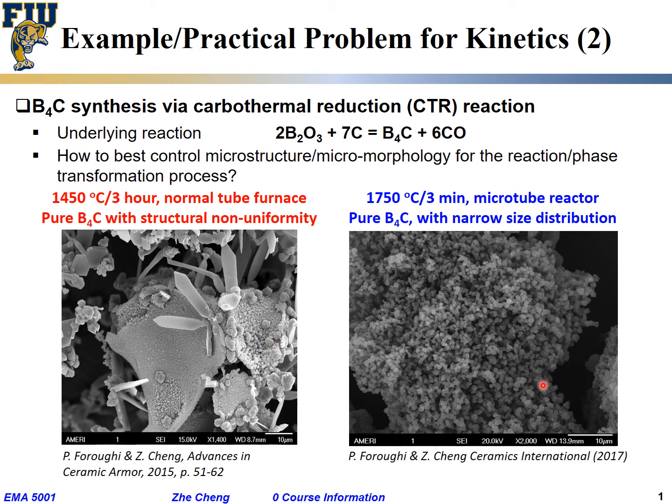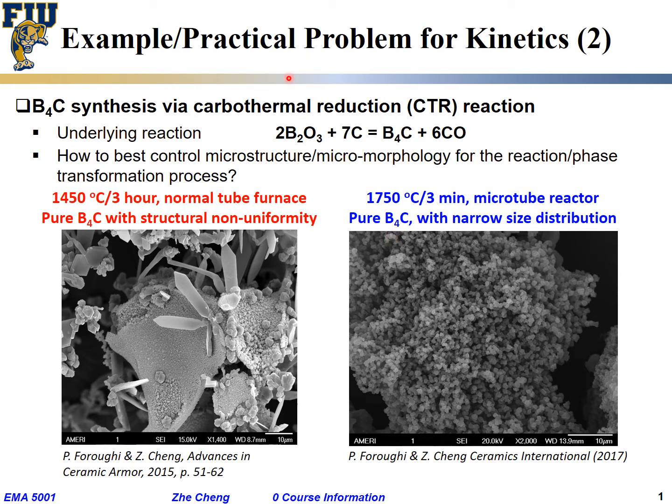I'm not cherry picking, it's representative. Uniform. And every one of those grains, they are still pure boron carbide. How do you know? Still by X-ray, by transmission electron microscope. But every one of those particles is around 0.2 to 0.4 micron, 200 nanometer, something like that.